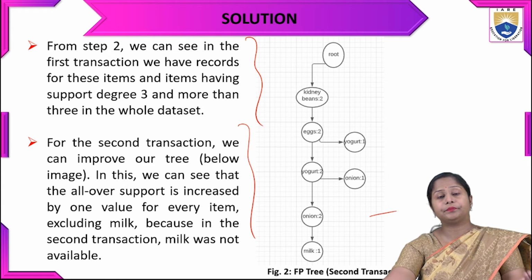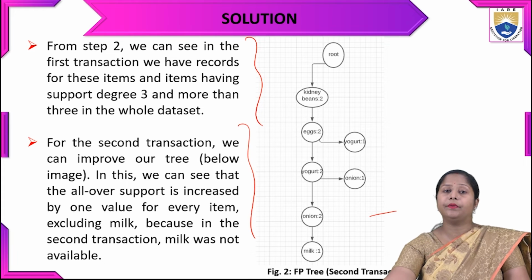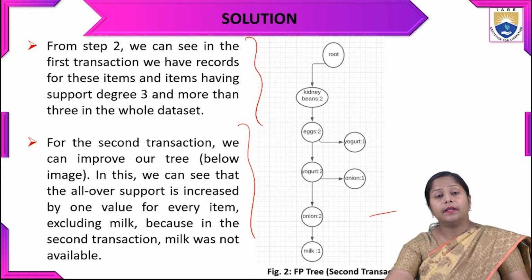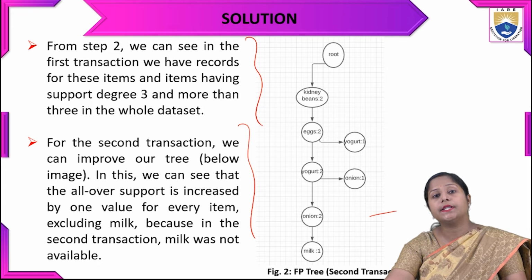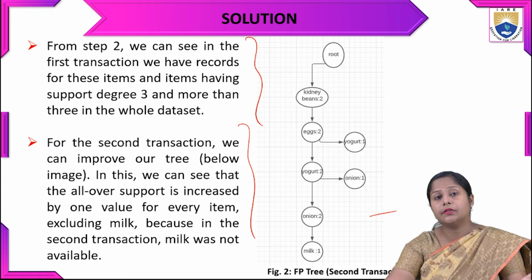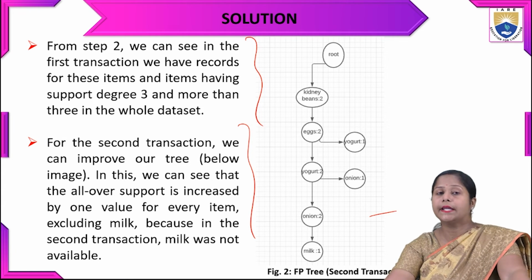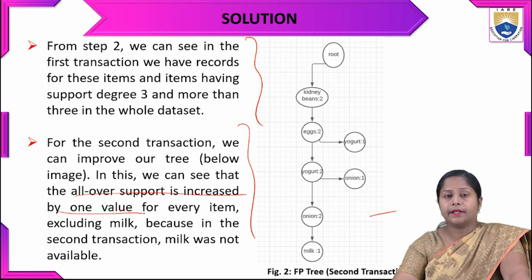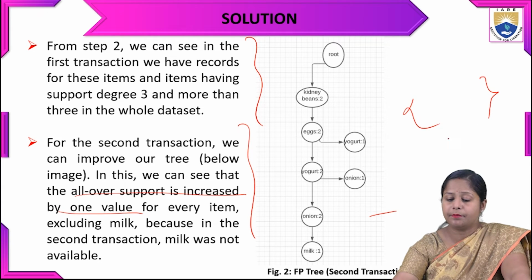So for the next transaction, what we have to do, we have to do it from the first table. So the first 5 transactions that we have got from the supermarket, on the basis of that, we have to increase the support. So now we have to increase the support by 1 value for each item, only if that is occurring in that particular item set.